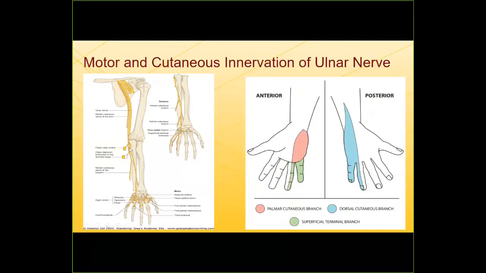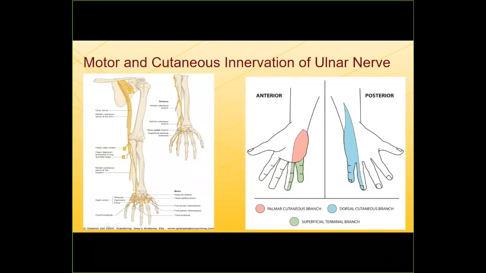Okay, so at this level, the ulnar nerve innervates flexor carpi ulnaris and innervates the part of the flexor digitorum profundus that goes to the ring finger and the small finger.